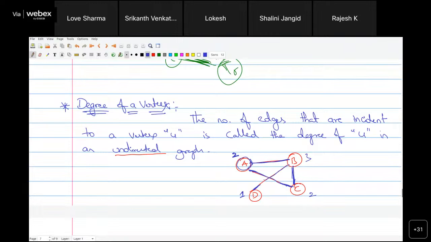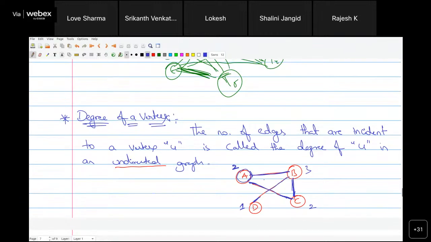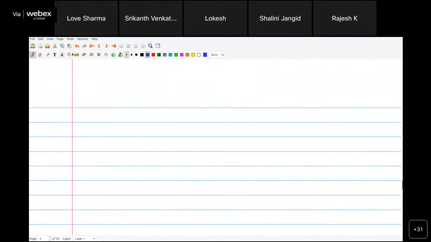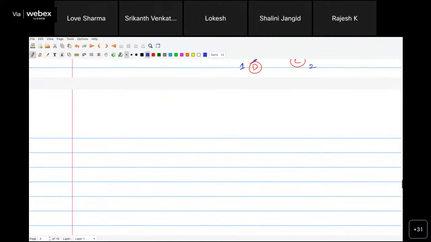So degree comes only in the case of undirected graphs. And what about directed graphs? What should I call it?